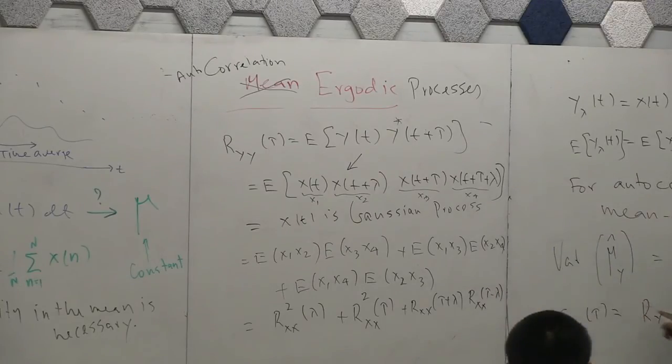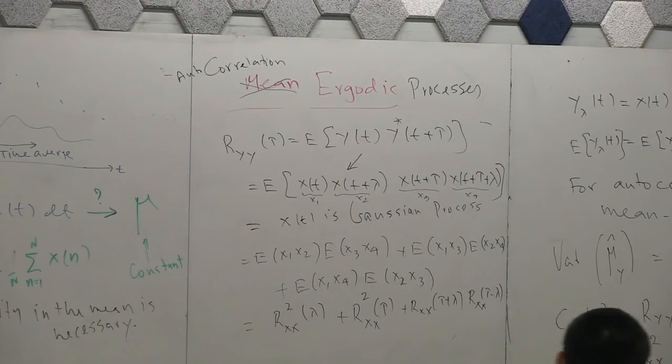So then you bring it here and R squared lambda, so this becomes Rxx squared tau plus Rxx tau plus lambda multiplied by Rxx tau minus lambda. Remember, it's only good for Gaussian.